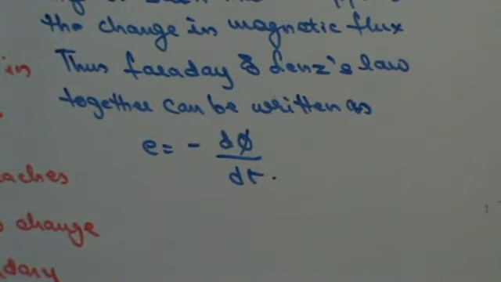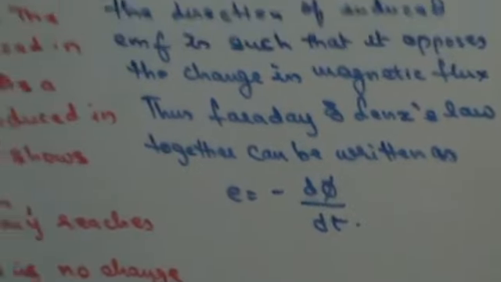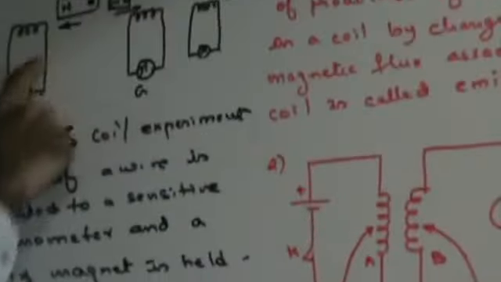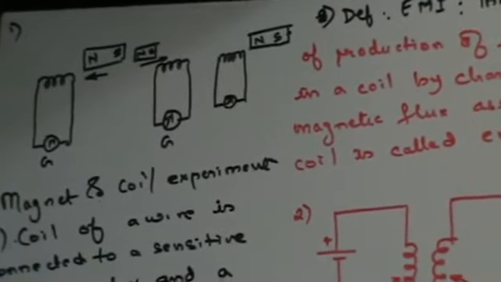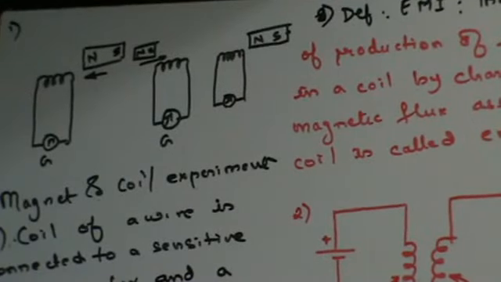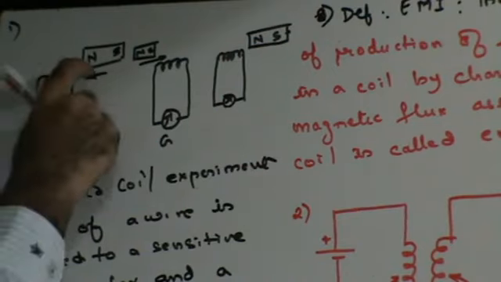Now, let's try to understand this, people. In a coil, let's consider the first experiment, the coil and magnet experiment. When the north pole of the magnet was brought near the coil, the current induced in the coil was due to the change in the flux linked with the coil. I have the north pole here.